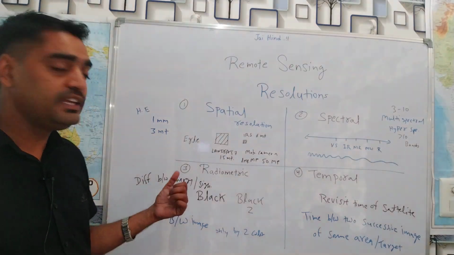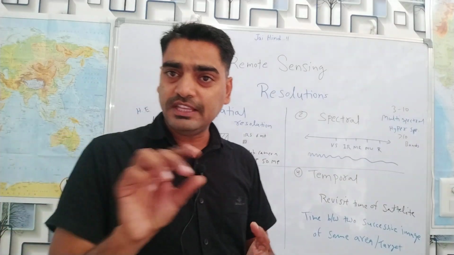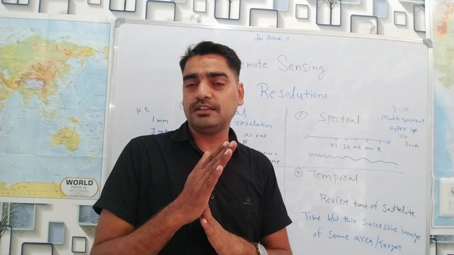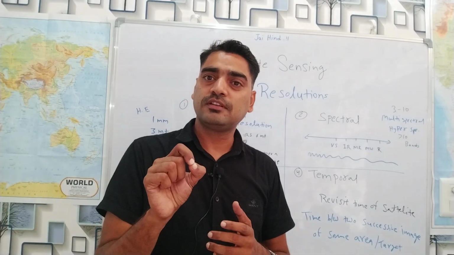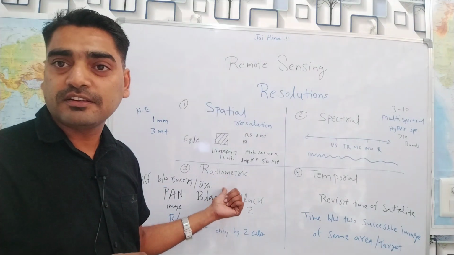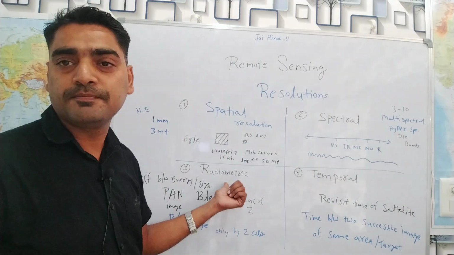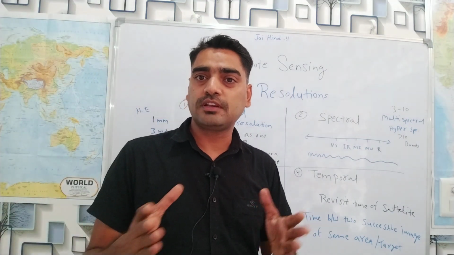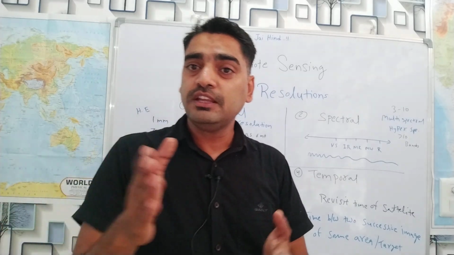It differentiates between the energy or signature coming from objects which have nearly the same frequency or wavelength. Only a very minor difference is there in frequency and wavelength. That minor difference should be caught by the sensor, by the ability called radiometric resolution. Like when girls go to the market for shopping and purchase clothes, they can differentiate between shades.